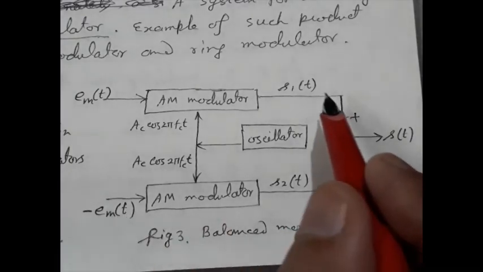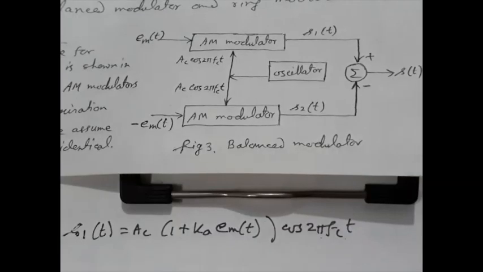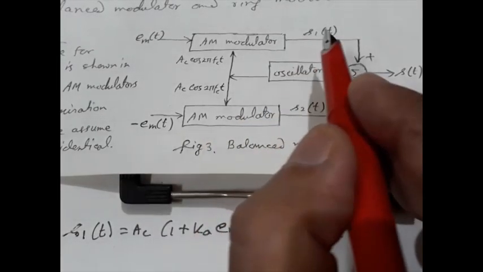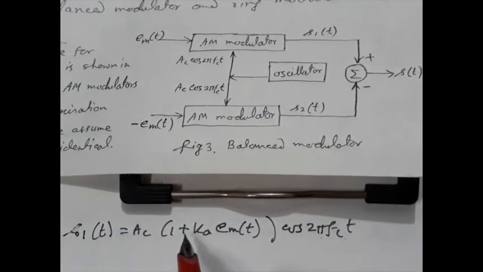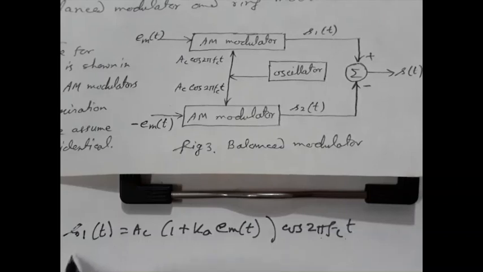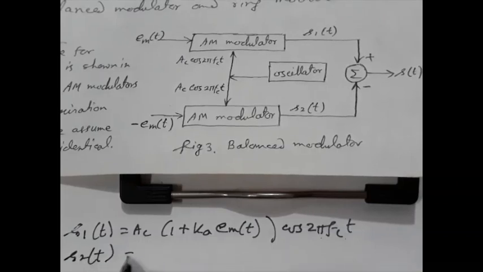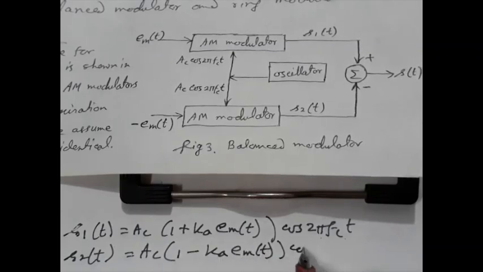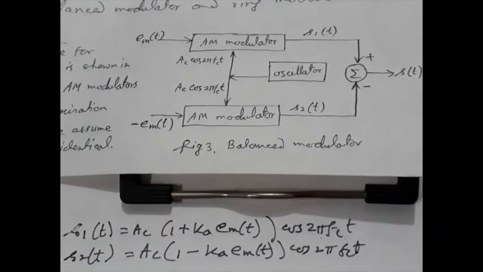So let us see how it works. S1(t) can be written as Ac into 1 plus Ka e(t), times cos 2 pi fct. Ka is just a constant, a sensitivity constant. Similarly, S2(t) is equal to Ac into 1 minus Ka e(t), times cos 2 pi fct. Minus sign because e(t) is negative here, minus e(t).